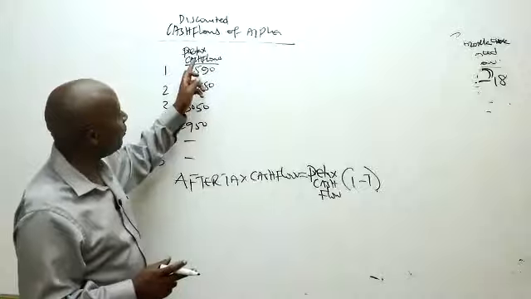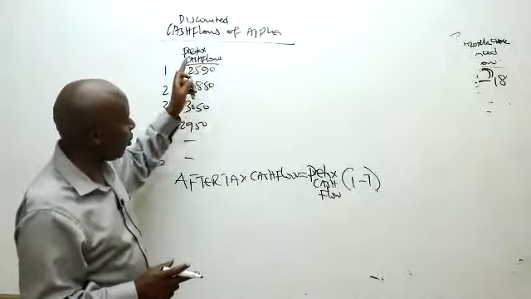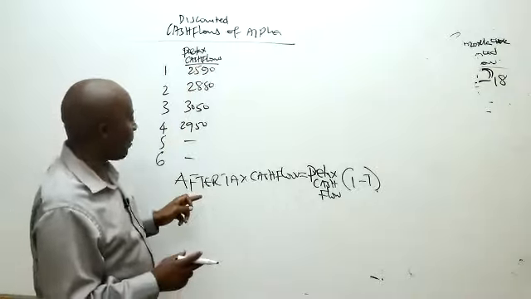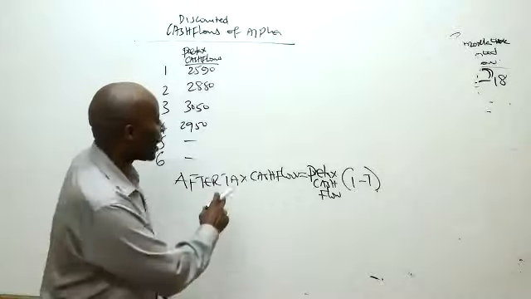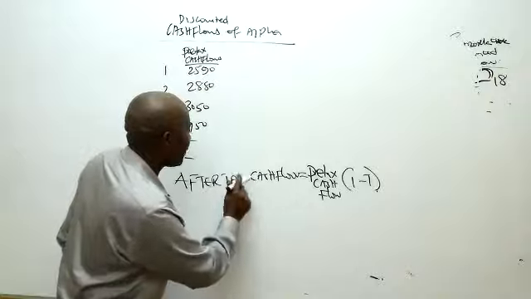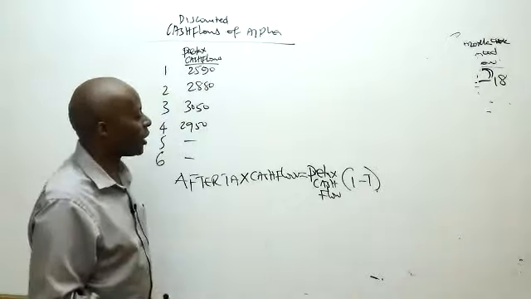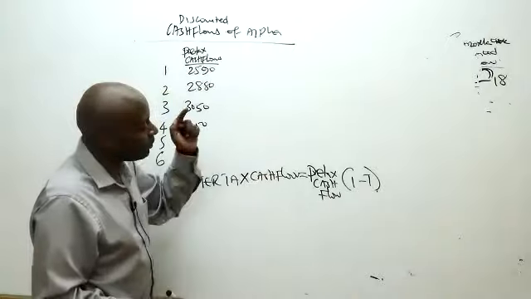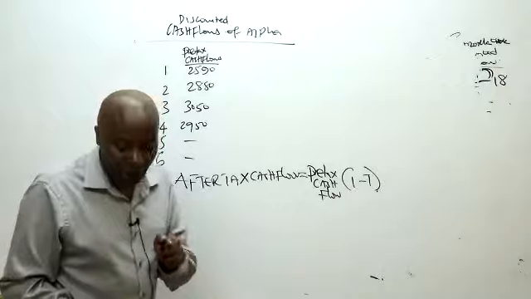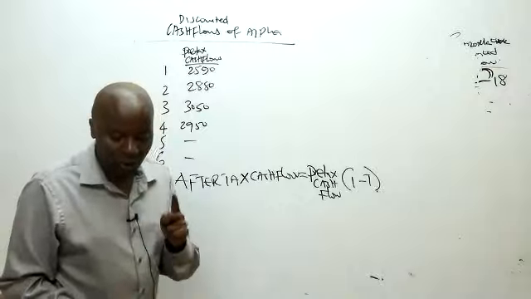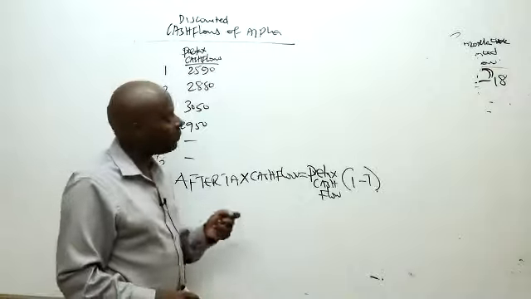Now that we have the pre-tax cash flows, I would want us to come and give the after-tax cash flows. After-tax cash flow equals pre-tax times 1 minus t. The taxation rate has been given as 30%. Look at note number 6: the corporate tax is 30%.